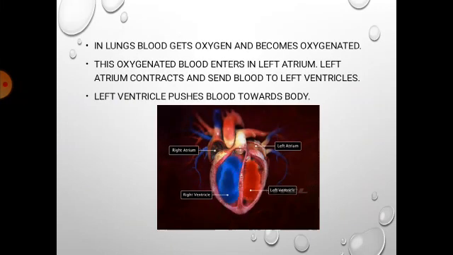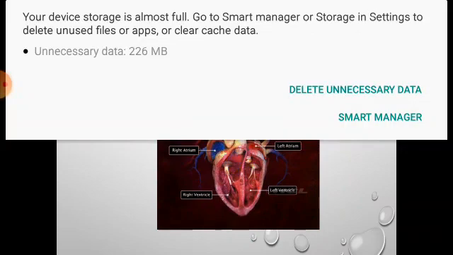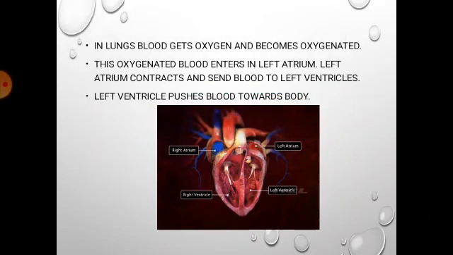In the lungs, blood gets oxygen and becomes oxygenated. This oxygenated blood enters the left atrium. The left atrium contracts and sends blood to the left ventricle. The left ventricle pushes blood towards the body.